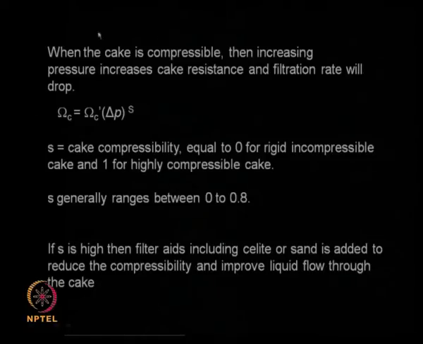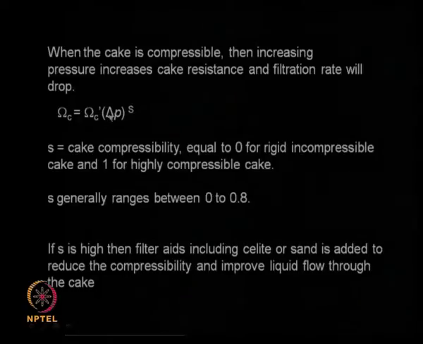So we write an equation for the constant like this, where S is an exponent which may vary, and generally it is about 0 to 0.8. If it is highly compressible we will take S as almost equal to 1, if it is not at all compressible, that is if it is incompressible, S will be 0.